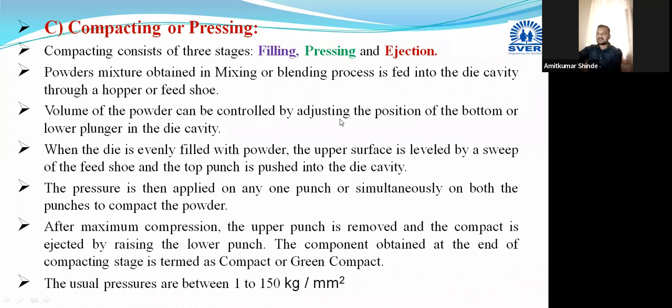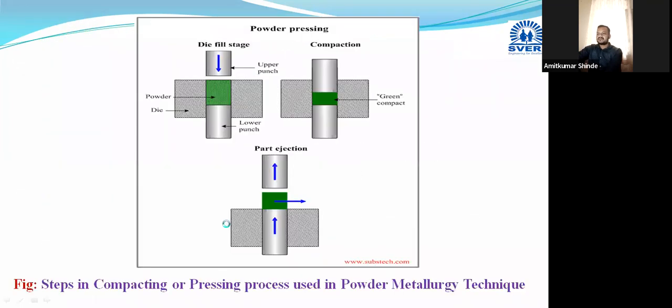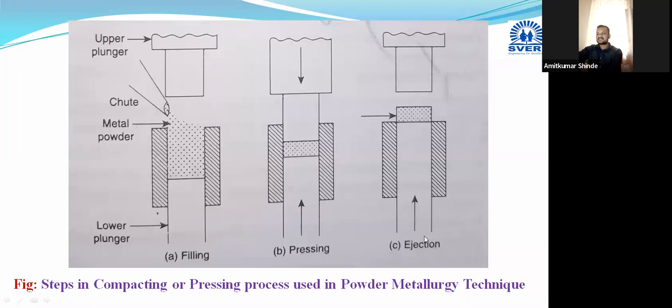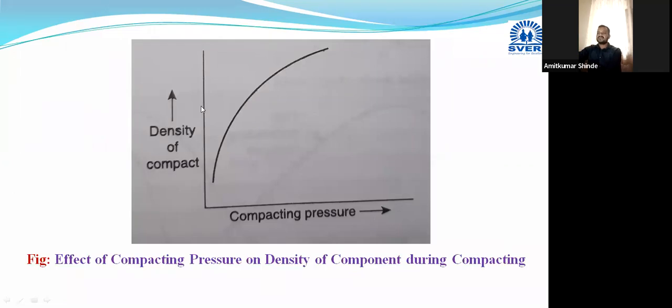All these points I have explained with the help of that diagram. Please try to understand the diagram. Okay, these are the stages. Then here the density of this compact or green compact depends on the compacting pressure. This graph will explain to you the effect of compacting pressure on the density of the compact.